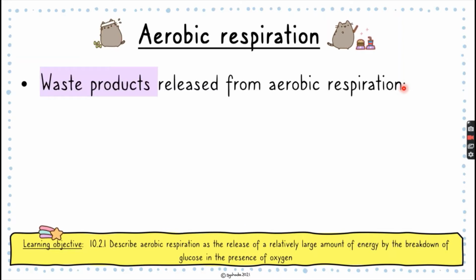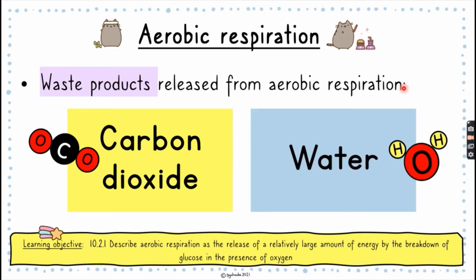And there are actually two waste products that are released from aerobic respiration, which are carbon dioxide and water. What we mean by waste products, mainly in a chemical equation or chemical process, is that these are things that you don't need from that process.